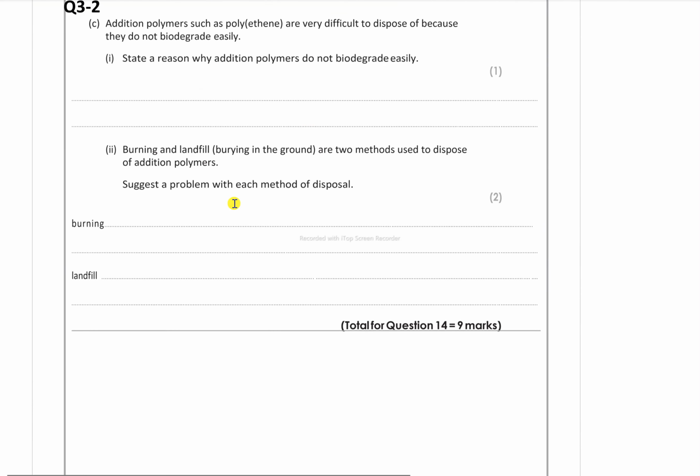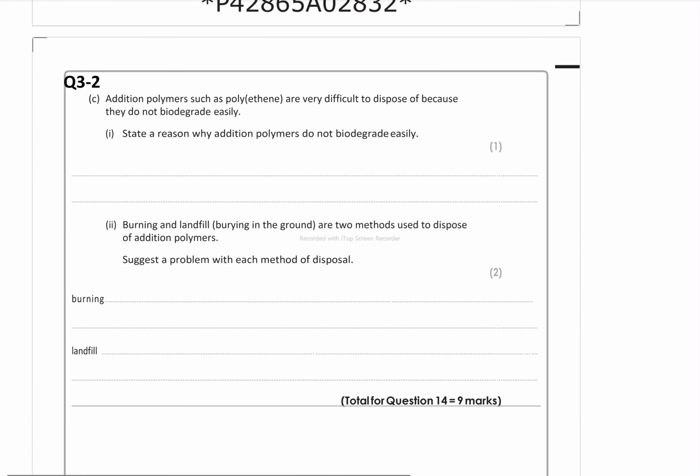Right, okay. The reasons why polymers do not biodegrade. Remember, biodegrade is the breakdown of the polymer by microorganisms or bacteria. The reason why is because they are inert.